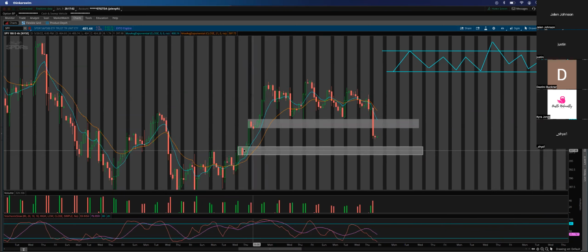In this zone, who won the imbalance move? Buyers, right? When people buy the stock, it means it goes up, right? Who exceeded this zone? Buyers, right? So that's what we're looking for.